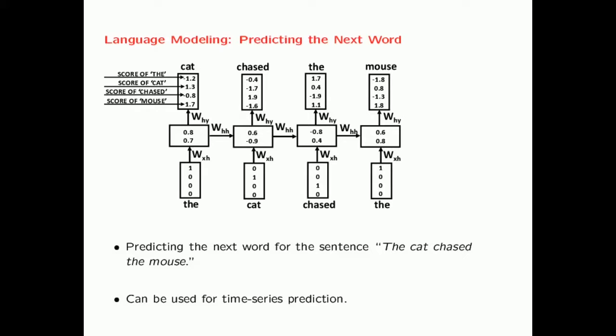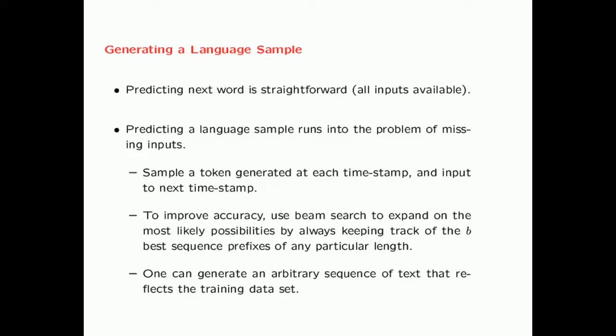Now this basic principle of language modeling, you can use it to generate a language sample. Here you are assuming that you always have a segment of a sentence available in order to predict the next word. However, in generating a language sample, you have the problem of missing input.